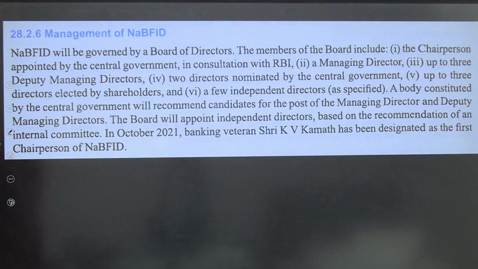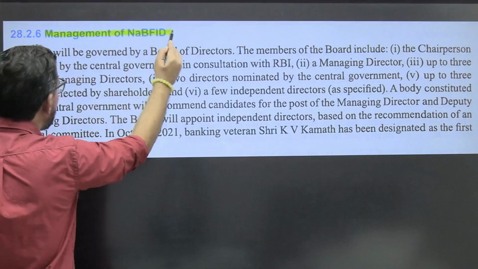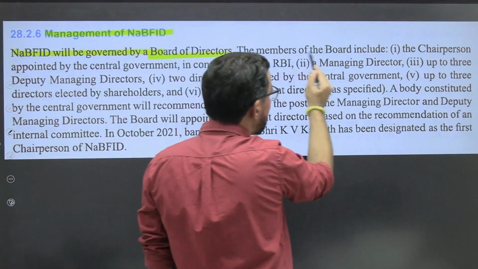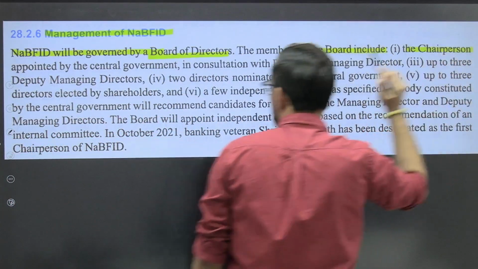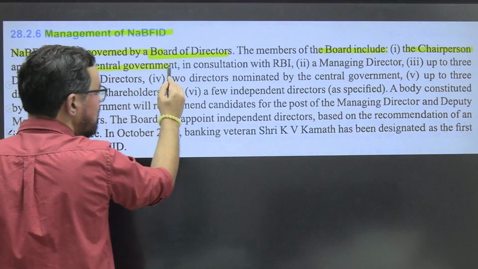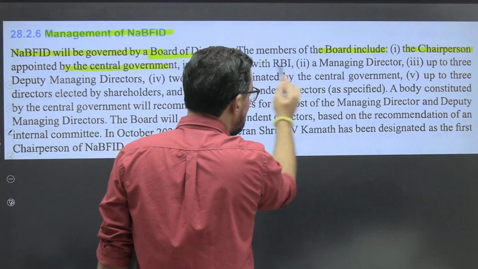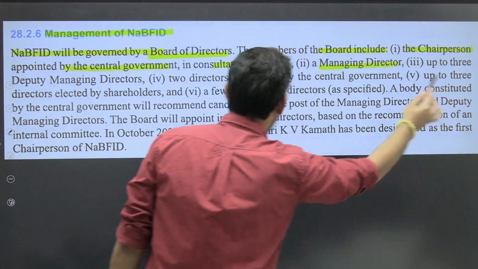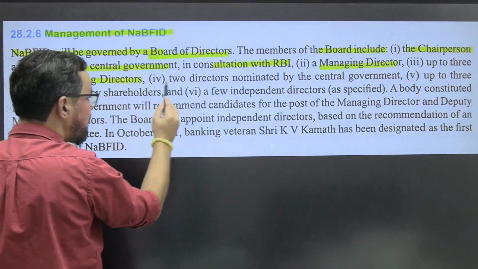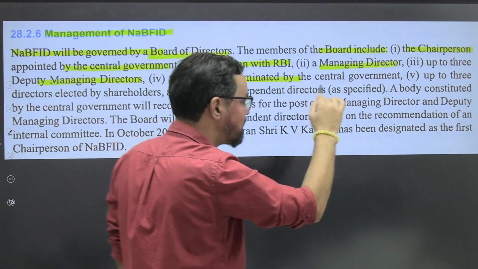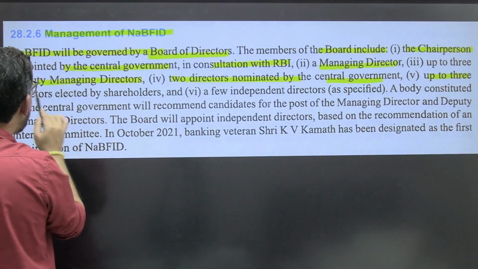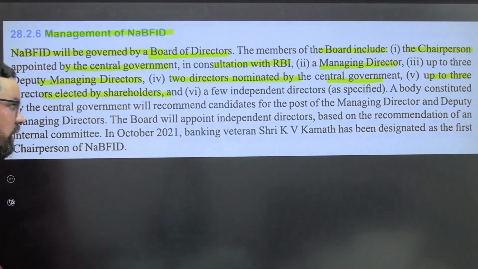Management of NaBFID will be governed by a board of directors. The members of the board include the chairperson appointed by the central government in consultation with RBI, a managing director, up to 3 deputy managing directors, 2 directors nominated by the central government, up to 3 directors elected by shareholders, and a few independent directors.